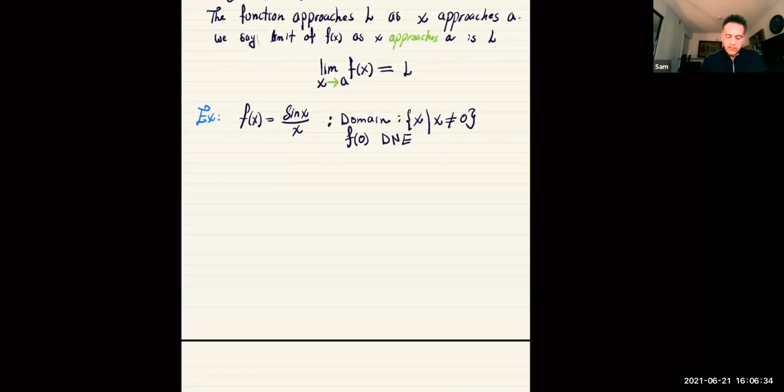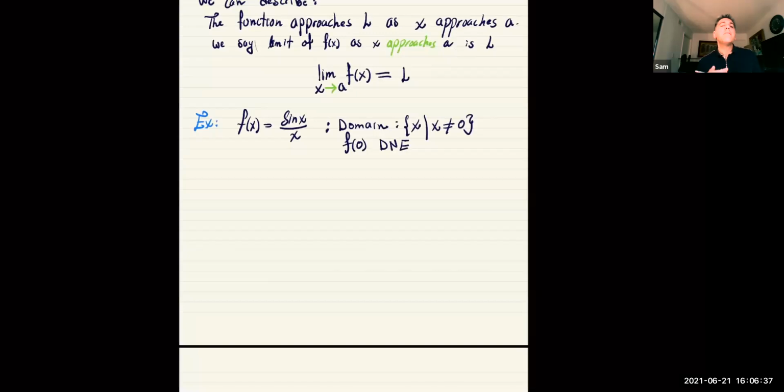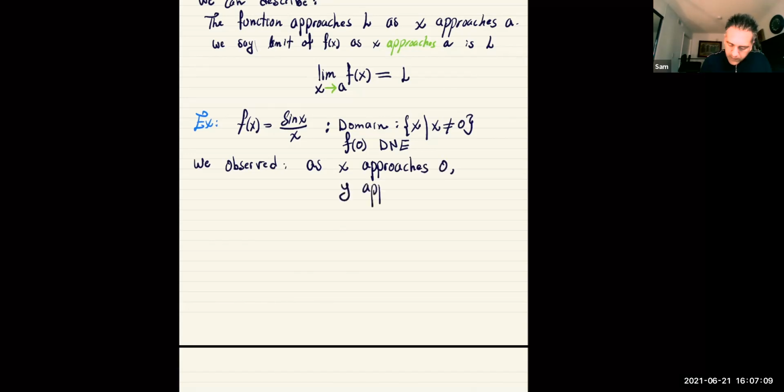All right, so we observe now. Mathematically, we'll prove why the limit is 1, but numerically we saw it, so we observed that as x approaches 0, y approaches 1.